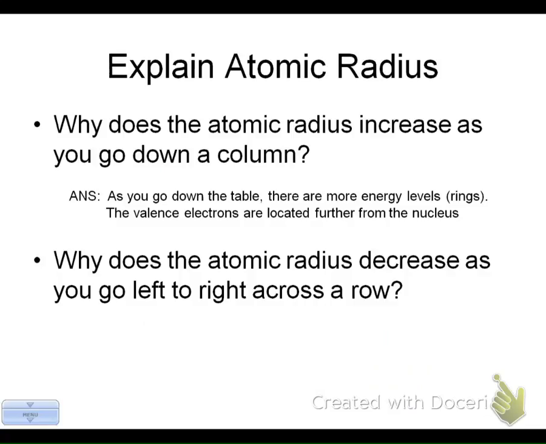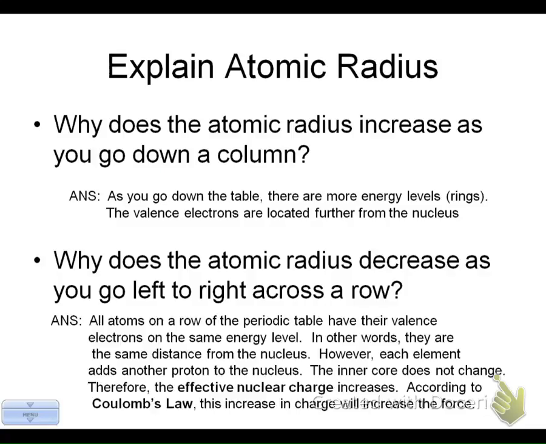The result of all that is that the valence electrons, as you go toward the right-hand side of the periodic table, are going to see a greater effective nuclear charge, more protons, same shielding, same energy level they're all on, and thus, according to Coulomb's law, you'll have a higher force and everything will be closer together. So there's the explanation typed out. Just hit pause and take a moment to read that and see if it sinks in.